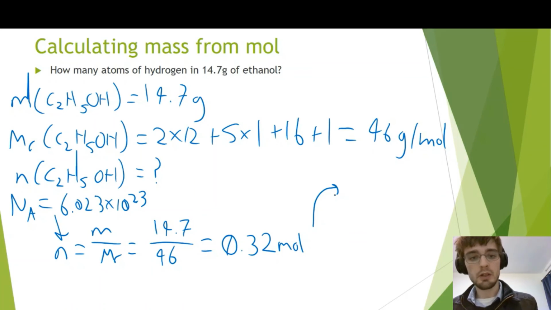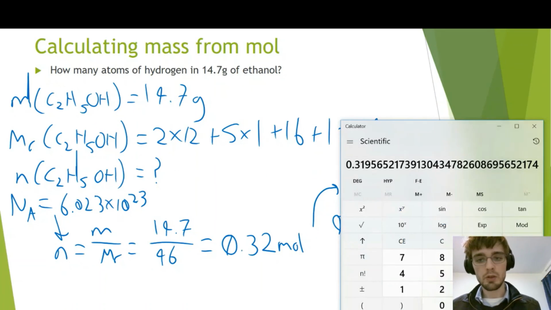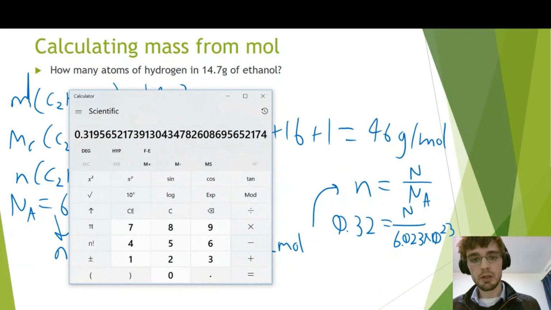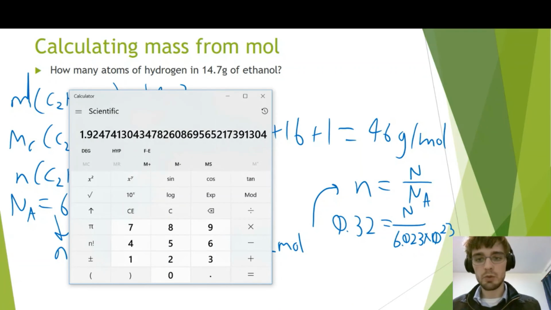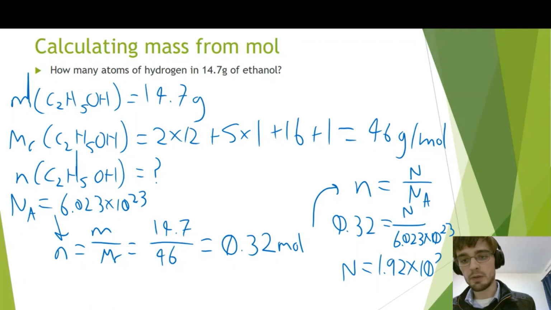And then from here, we can just plug that into n equals N over Avogadro's constant. So 0.32 equals N over 6.023 times 10 to the 23. So that value multiplied by 6.023 is 1.92 times 10 to the 23.